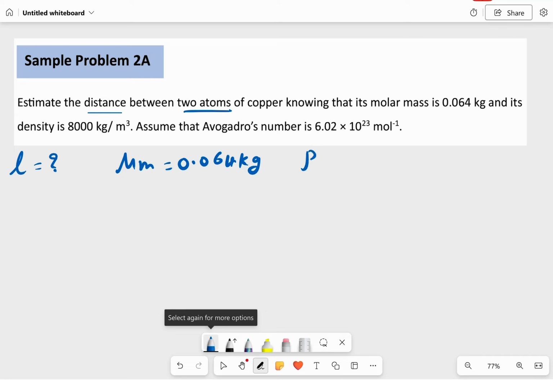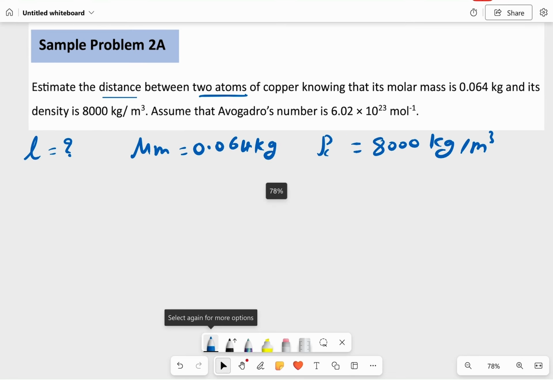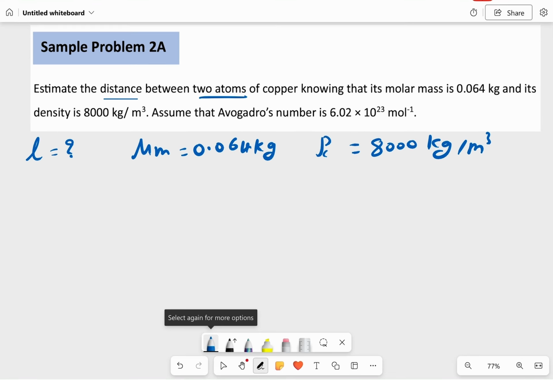So rho of copper is equal to 8,000 kilogram per meter cubed. It depends on your teacher, but you should be given Avogadro's number in the question. Otherwise, you have to memorize it. You have 6.02 times 10 to the power 23 mole inverse.